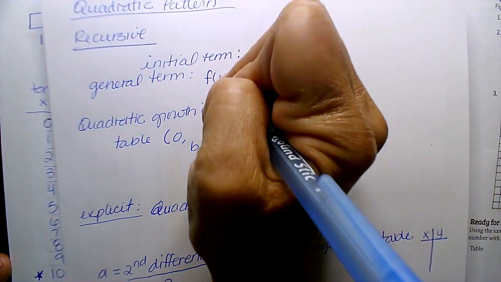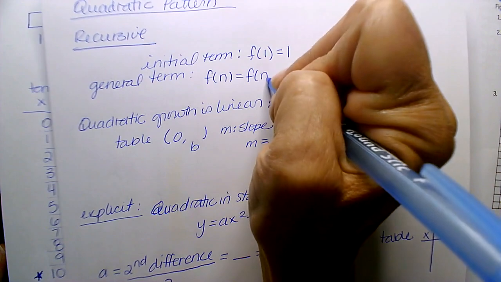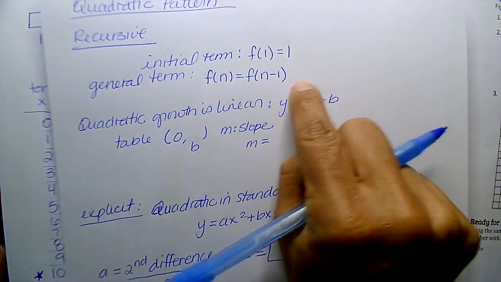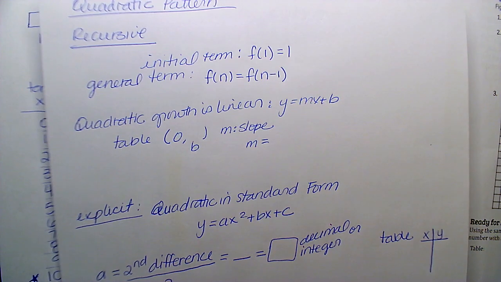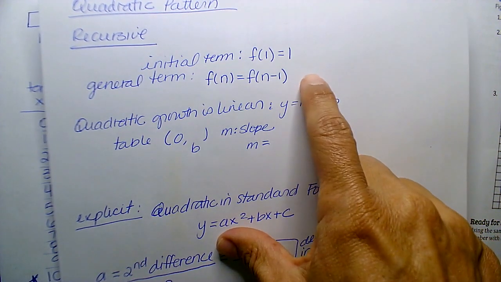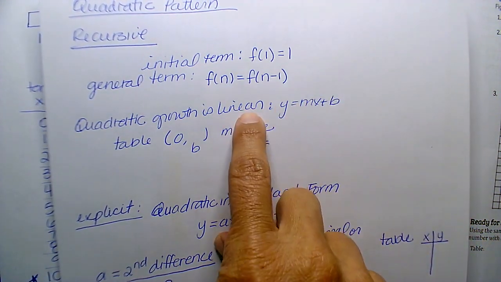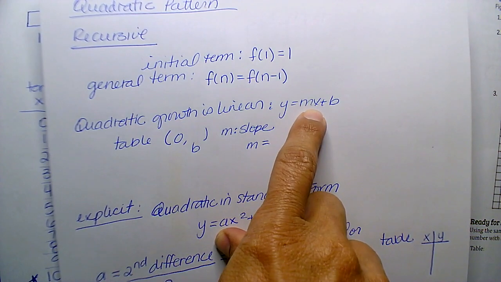Okay, so you can write f of n is equal to the prior term, and now you have to come up with the afterwards. But a quadratic growth is linear. So what comes behind here, the caboose here, is a linear equation, mx plus b.